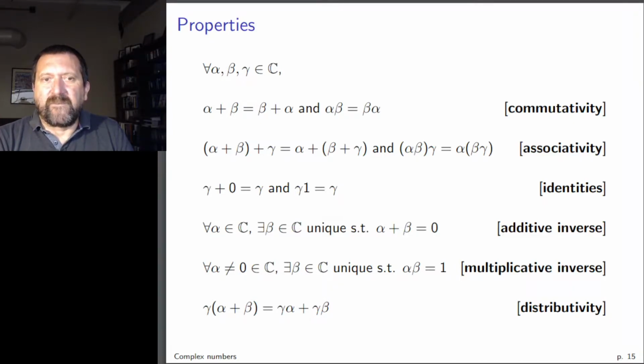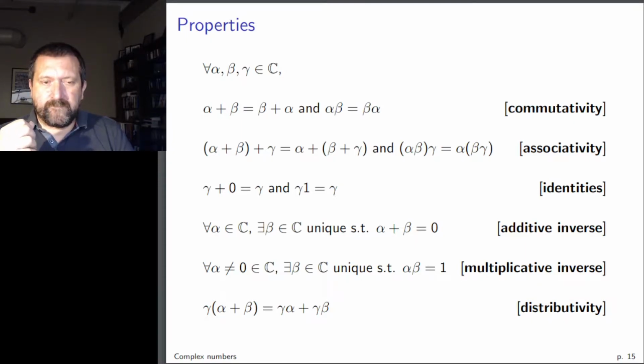There's associativity, which simply means that you can take the sum of the products in any which way you want. There's a 1 and a 0. And so if you add a 0 to any complex number, you still have the same number. And if you multiply a complex number by 1, you have the same number.